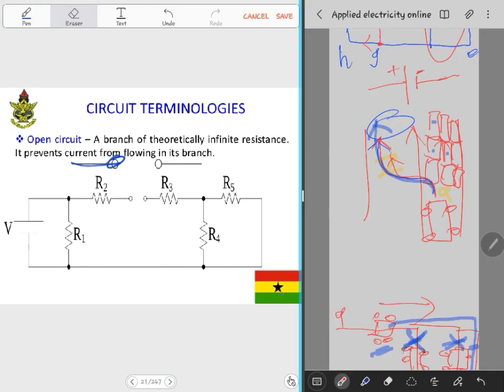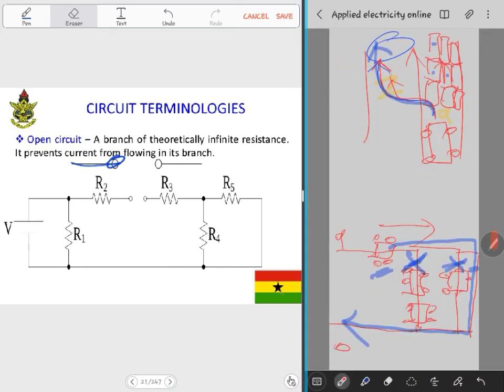There's actually an electronics explanation behind this, but I'm just using car traffic congestion to help us understand that. Open circuit means the resistance here is infinite, a very huge resistance. So current definitely wants to avoid those parts because it doesn't want to spend a lot of energy.